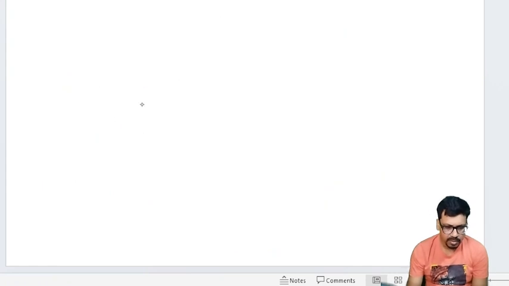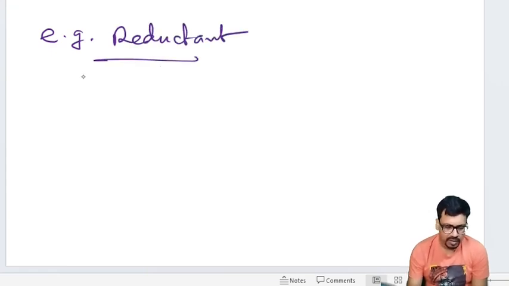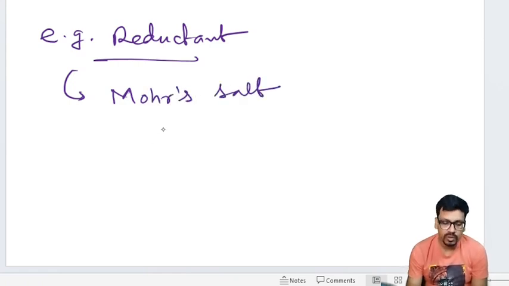Say, for example, of some reductant, that is Mohr's salt. What is Mohr's salt? The chemical name of Mohr's salt is ammonium ferrous sulfate.